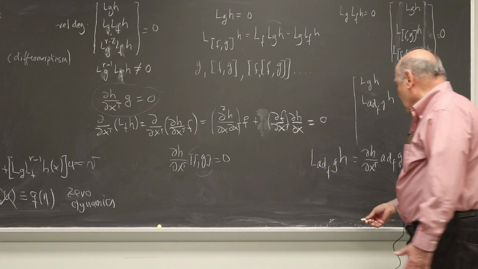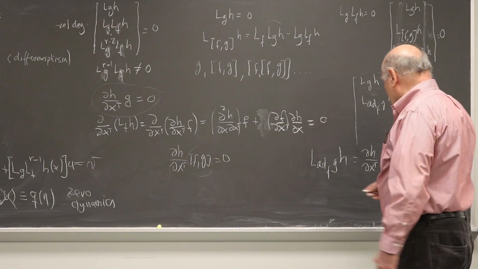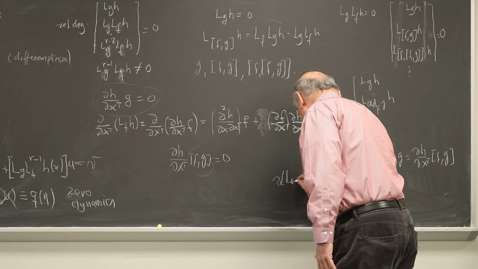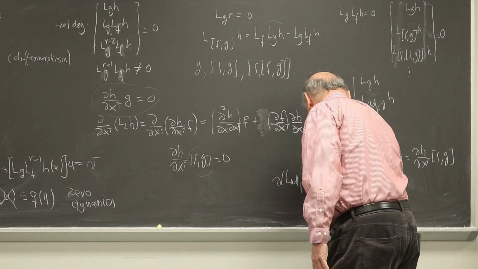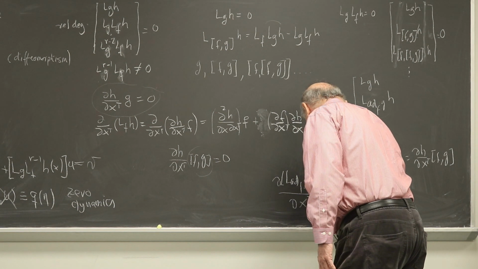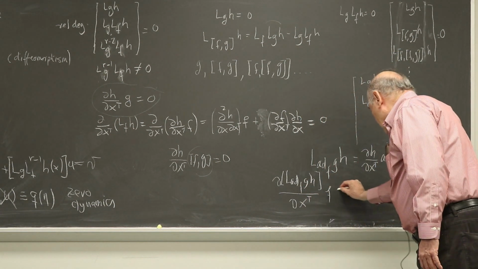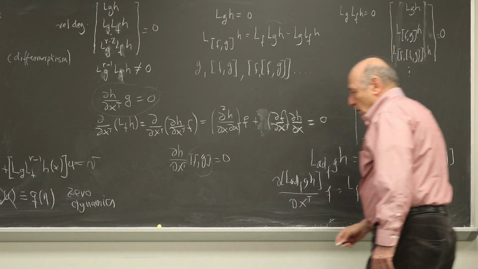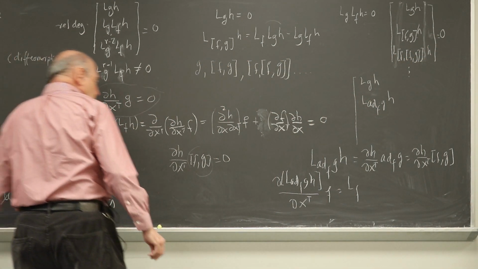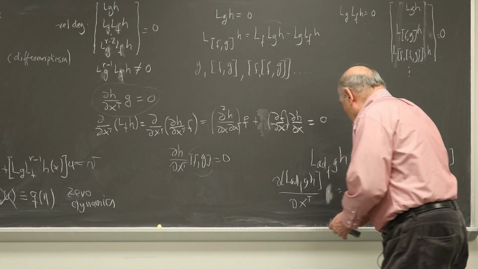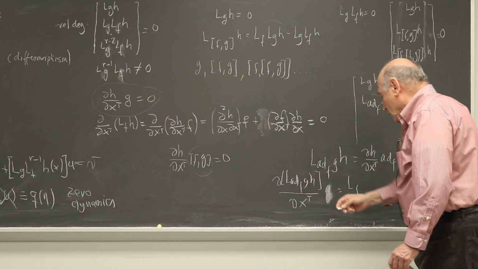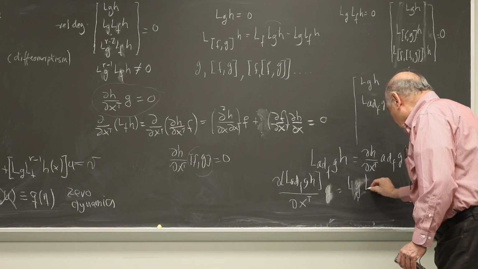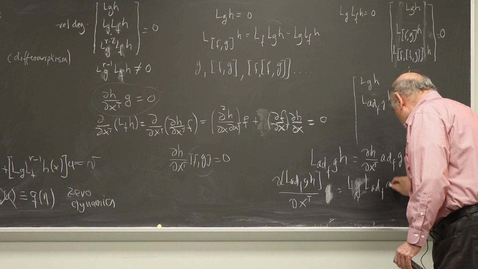And what would it mean to take another Lie bracket with f, for instance, to take the partial of L ad_f g of h with respect to x times f? Well, that's the directional derivative in the direction of f or with g. If we want to take the directional derivative of that quantity with respect to x, that would be something like Lg of L ad_f g of h.